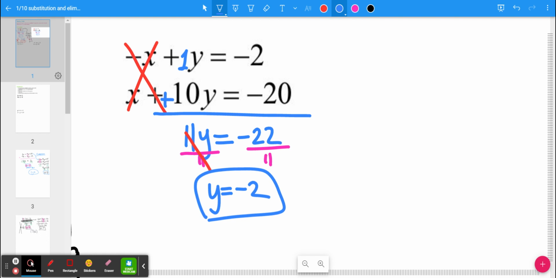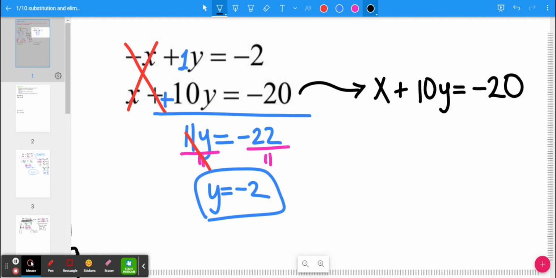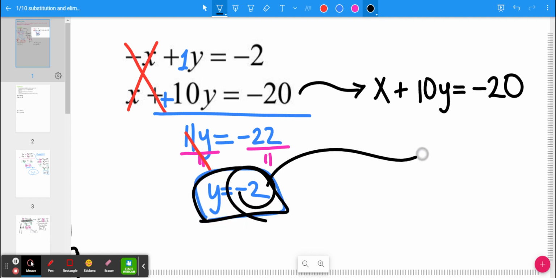Now I'm going to choose either equation. I'm looking at them and I like the second one better, but again, it really doesn't matter which one you choose. So I'm going to take this one right here and I'll just rewrite it. x plus 10y equals -20. The reason that I'm rewriting this is because now that I have this information that y is -2, I can take it and plug it in for y right here.